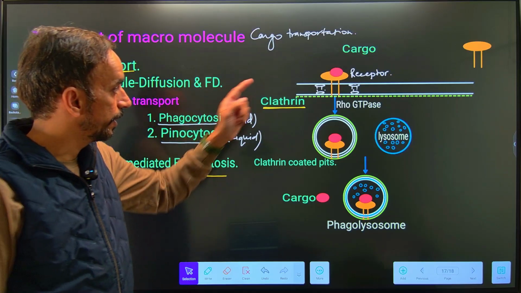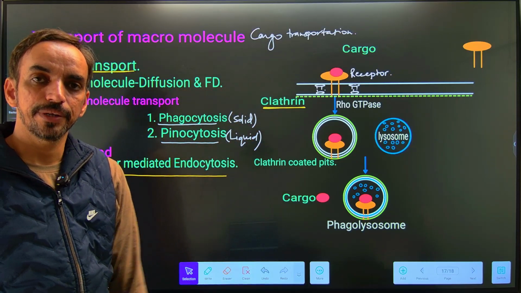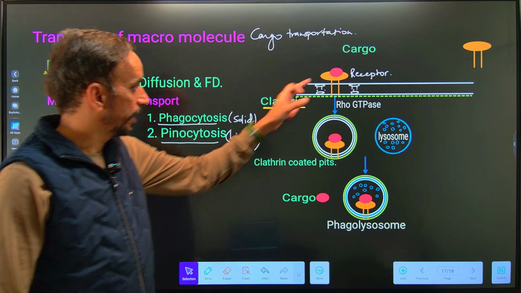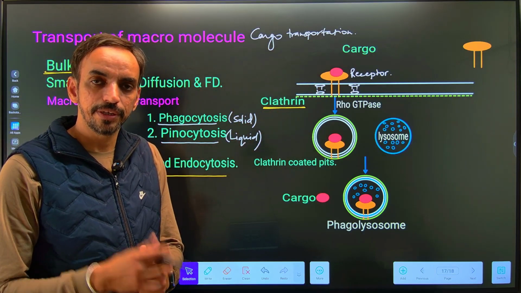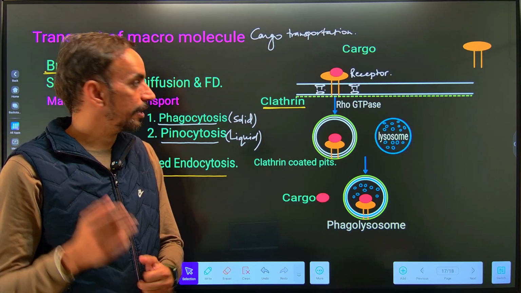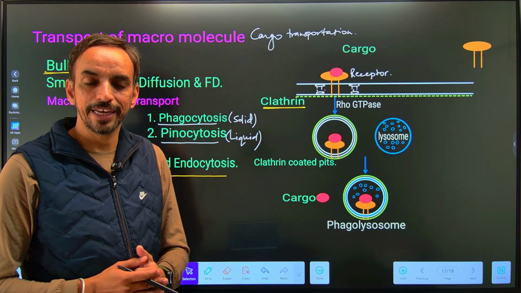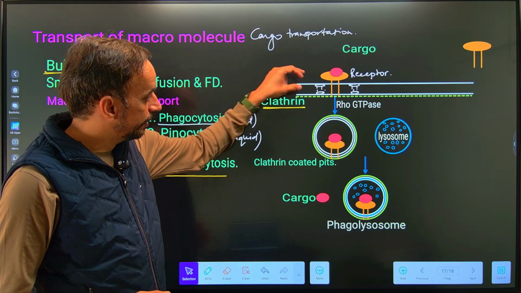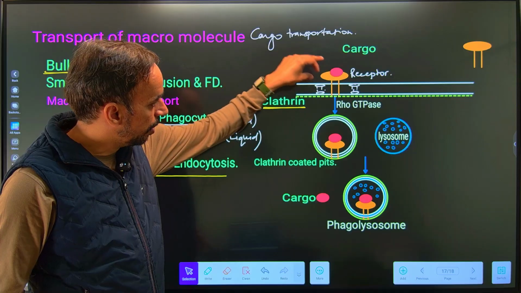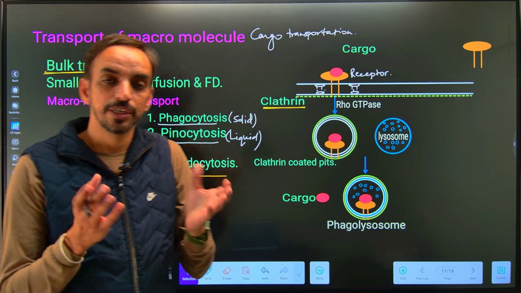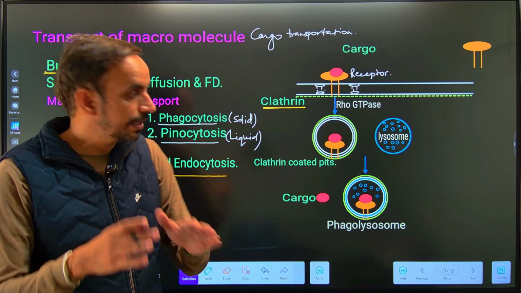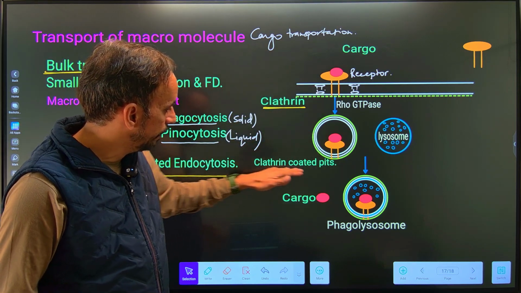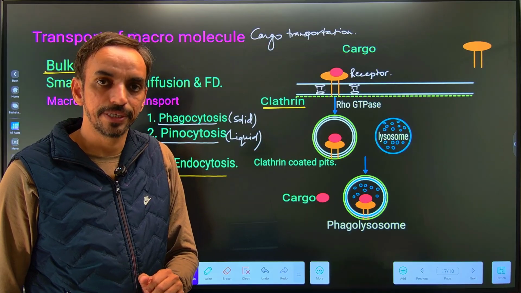The binding of the cargo molecule to the receptor will cause a conformational change in the receptor. This receptor in turn causes a conformational change in the clathrin protein, and the clathrin proteins along with the receptor and the membrane will come into the cytoplasm in the form of clathrin coated pits.